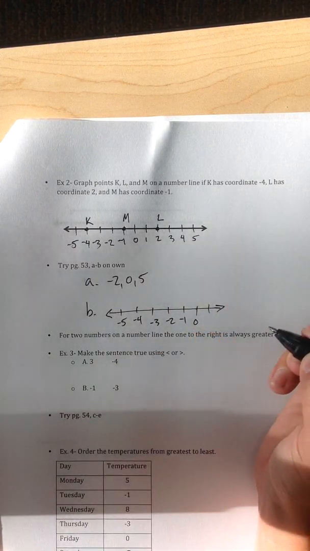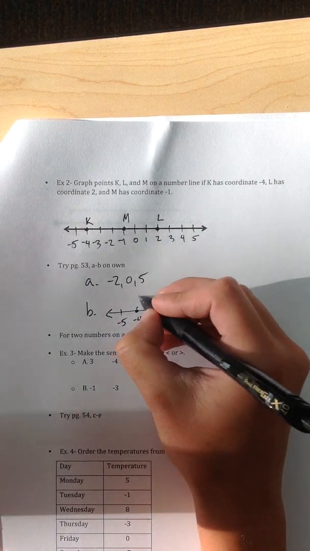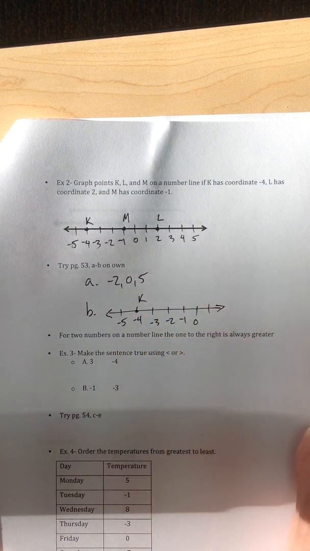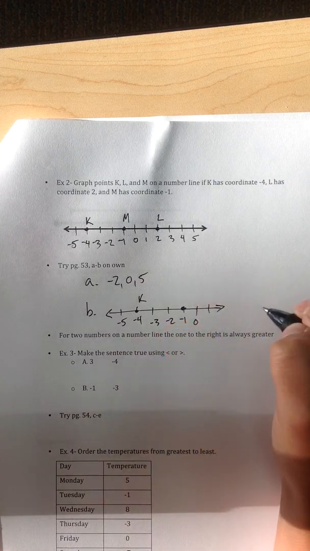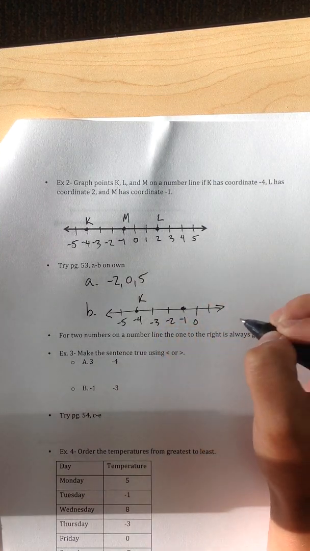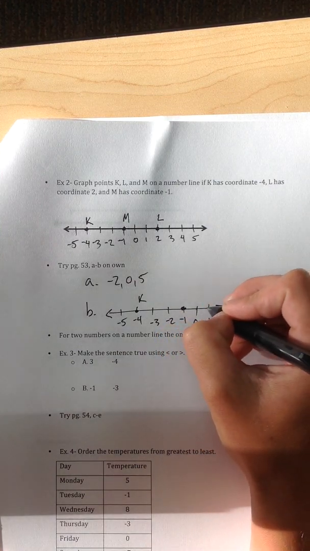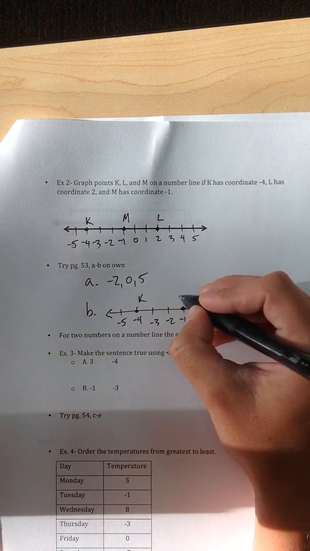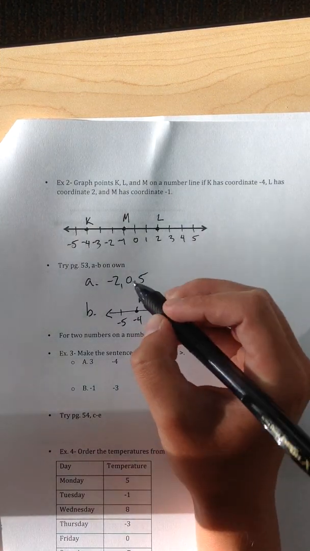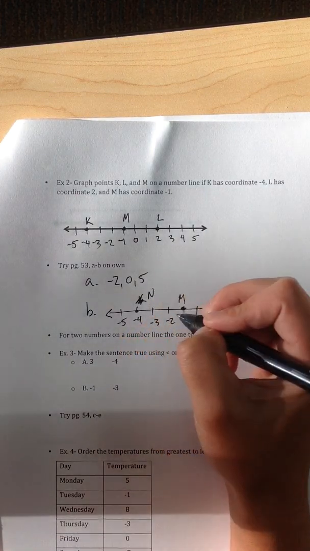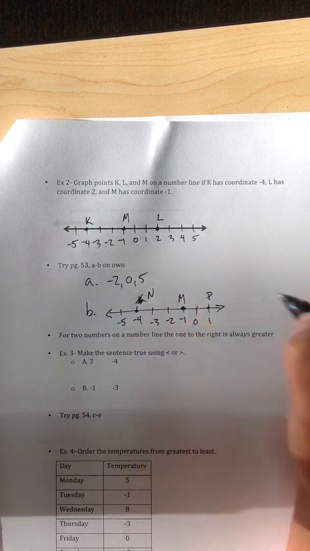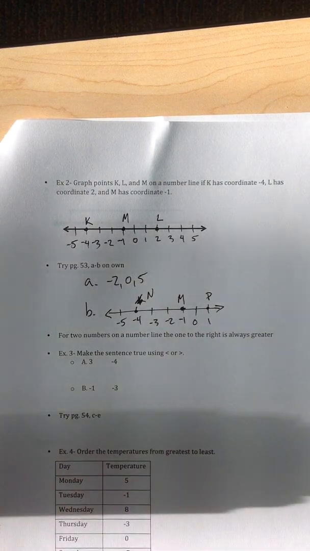So they've got a point K at -4, a point M at -1, and a point P at +1. Oops, that one's supposed to be M. Oh shoot, this first one here is supposed to be N. N, M, and P is at 1 there. Okay, something like that.